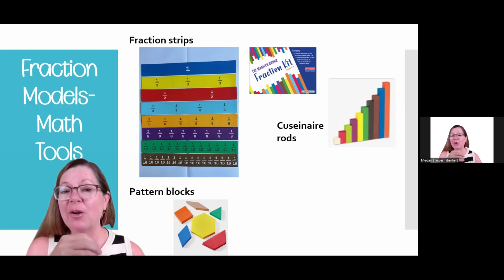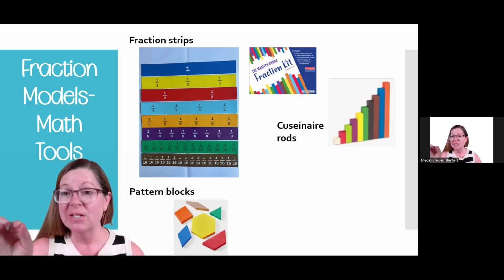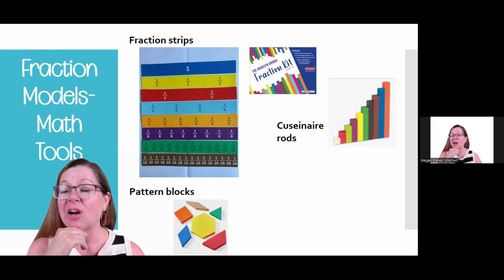I love pattern blocks, just like I love Cuisenaire rods, because they're not pre-labeled or pre-printed on. So students, again, have the gift of discovery. But of course, through our intentional questioning and lesson, we're asking these rich questions.